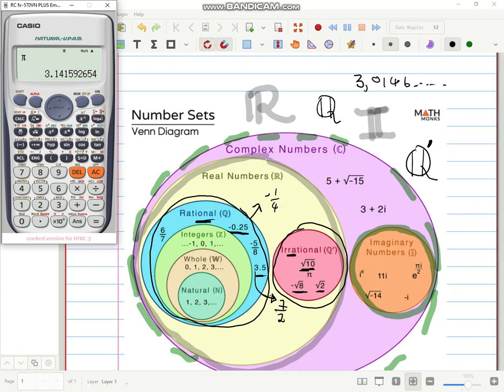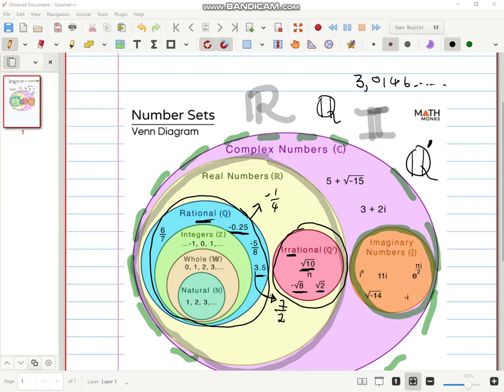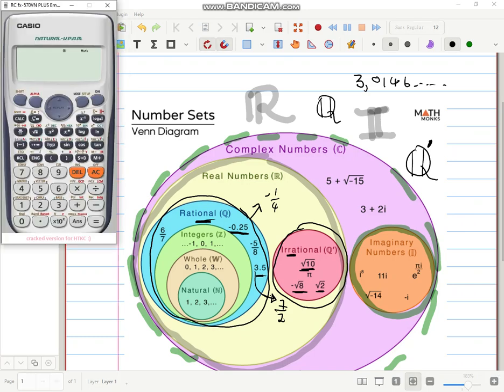Let's say minus 0.25, right? Equal to, see, you get minus 1/4.